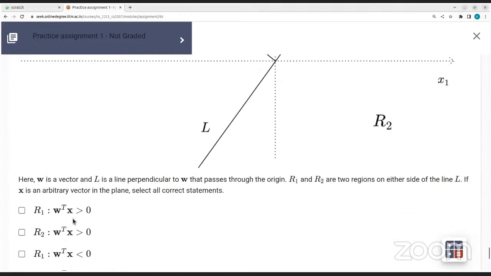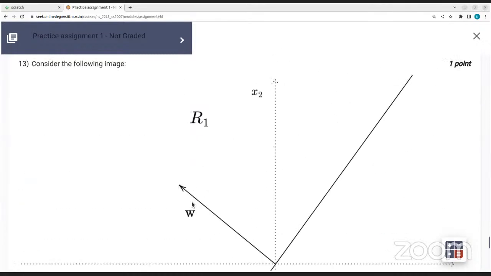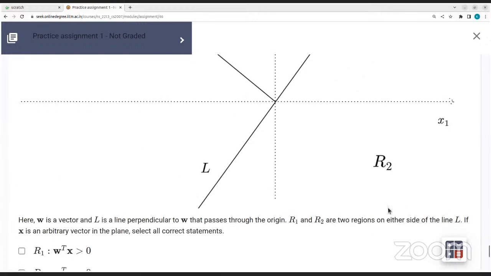R1 is the set of all X such that W transpose X is greater than 0. R2 is the set of all X such that W transpose X is less than 0. This is the set builder notation. If you remember from Maths 1, there is a set builder notation. That is what we have employed here.